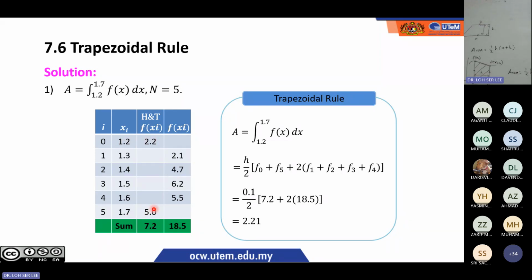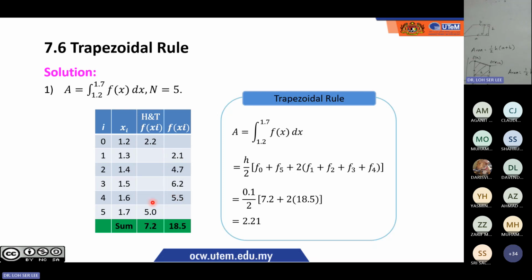And for the rest of the f values in between these two, you put them under another column. This column accommodates just the head and tail, and the last column accommodates the f(x) for the rest.